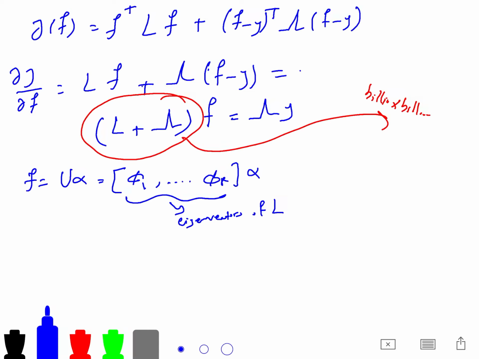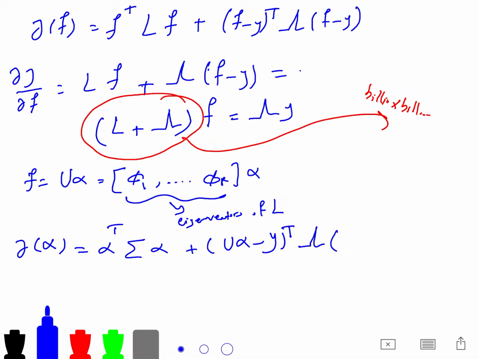So now the problem is hugely reduced to just a finite dimensional space, and the cost function depends on finite parameters, plus (U alpha minus Y) transpose lambda (U alpha minus Y).